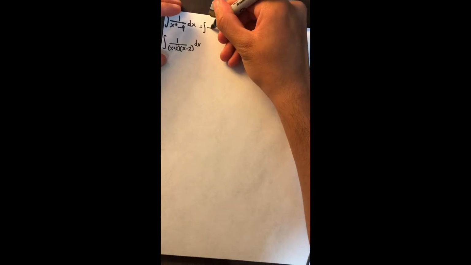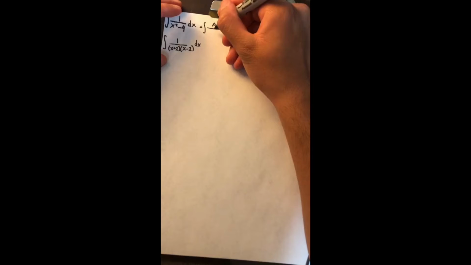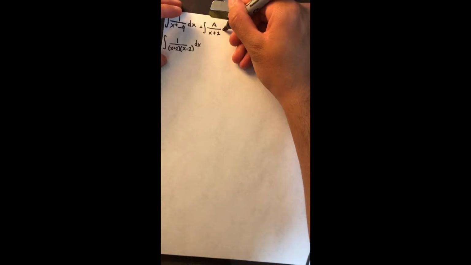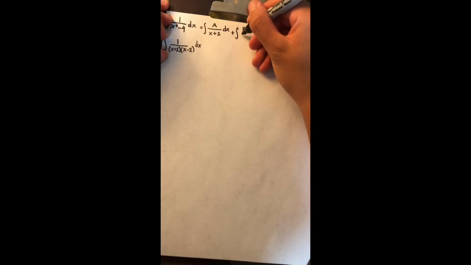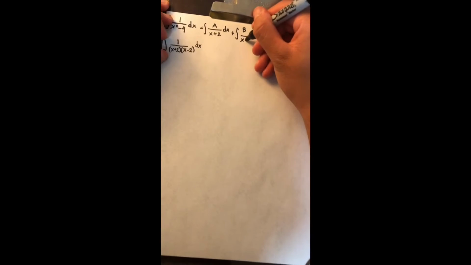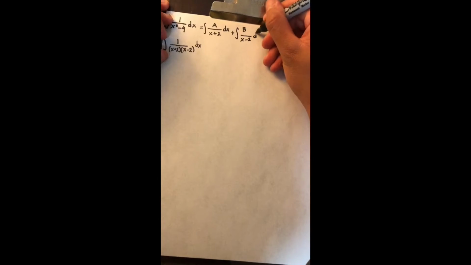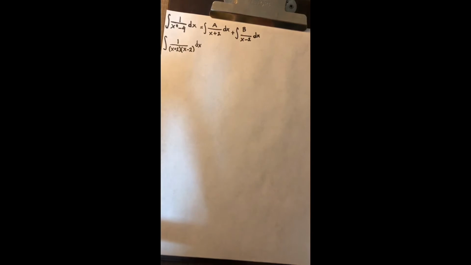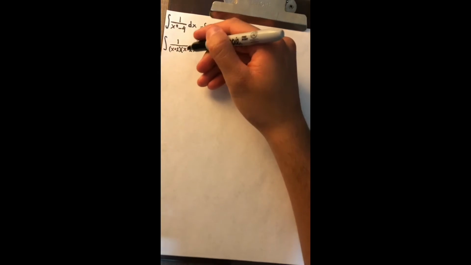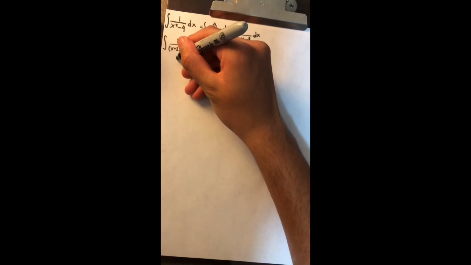And so we're going to have some constant over x plus 2 dx, and then another constant on top over x minus 2, like this, dx. Now for this we have to determine the values of a and b. And now we're going to set this fraction over here like this.